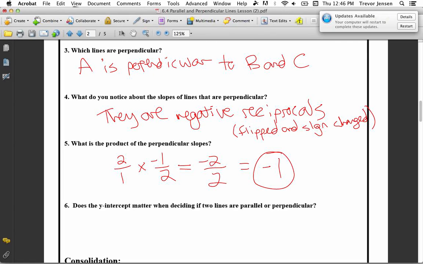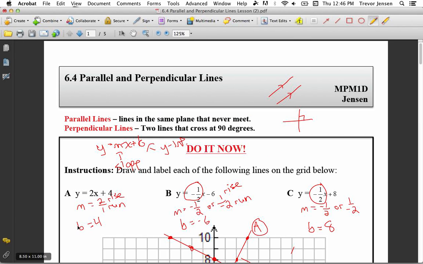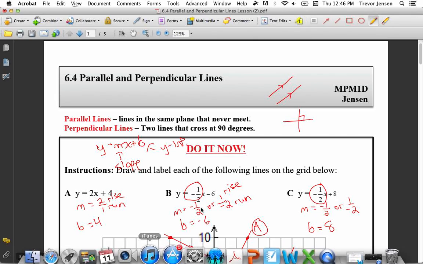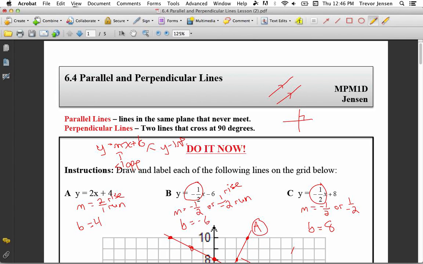Does the y-intercept matter when deciding if two lines are parallel or perpendicular? No, you notice we haven't talked about the y-intercept really at all. All we're interested in is the slope, and we're comparing the slopes. If the slopes are exactly the same, as in the case of lines B and C, then we have parallel lines.